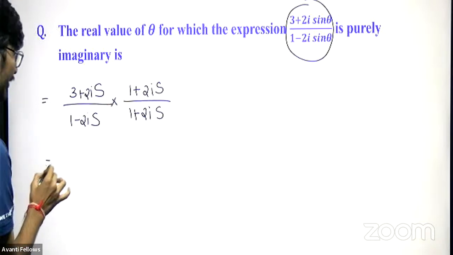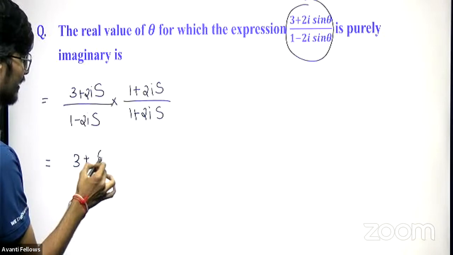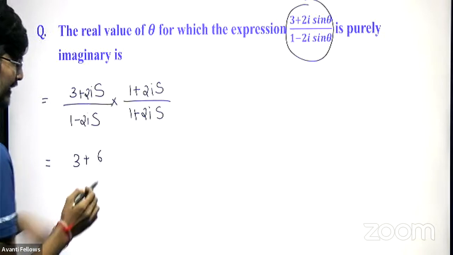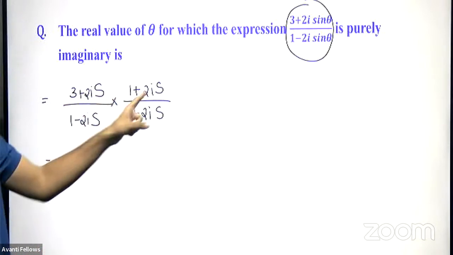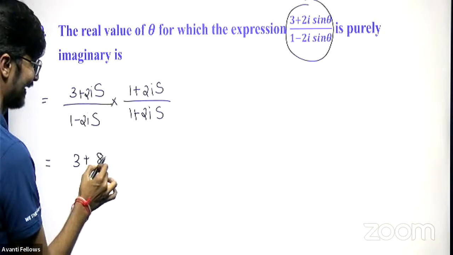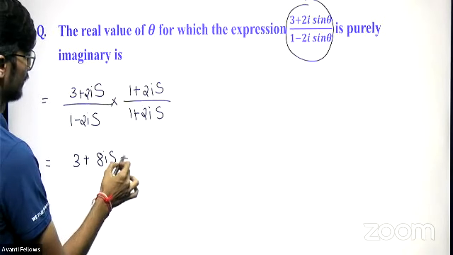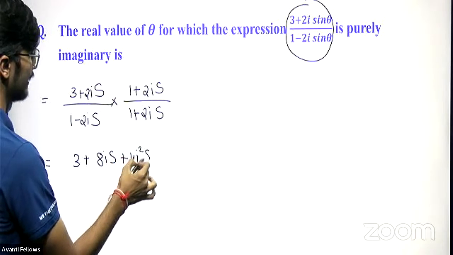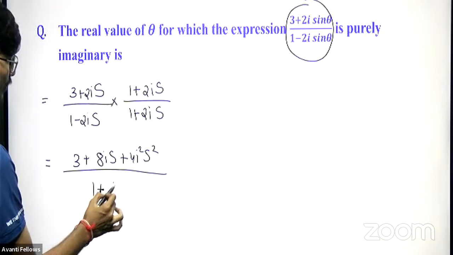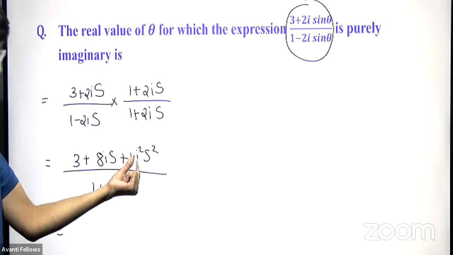In the numerator, I'll get 3 plus 6i sine theta plus 2i sine theta, which is 8i sine theta, plus 4i square sine square theta, upon the denominator a square plus b square. So in the numerator, i square is minus 1.